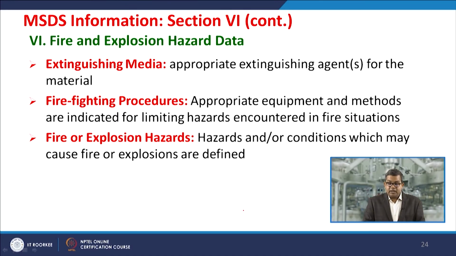The fire and explosion hazards and conditions which may cause fire or explosion should be defined. Sometimes because of an accident, or when handling an exothermic reaction, the temperature rises, and a substance with auto ignition ability may catch fire and things may become dangerous. So all such scenarios must be listed in the MSDS.